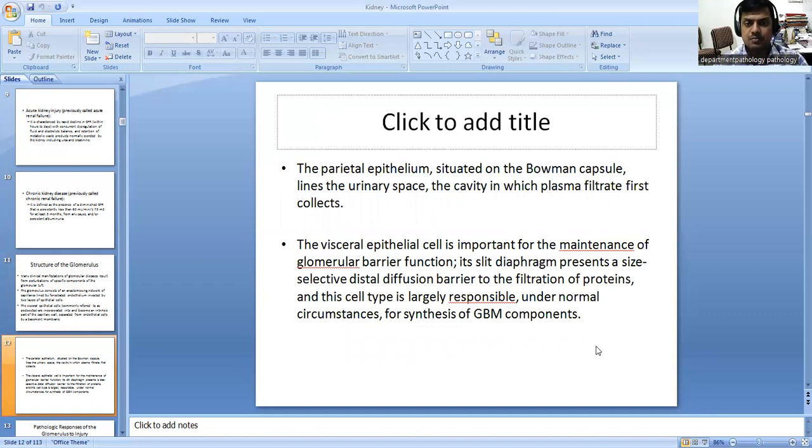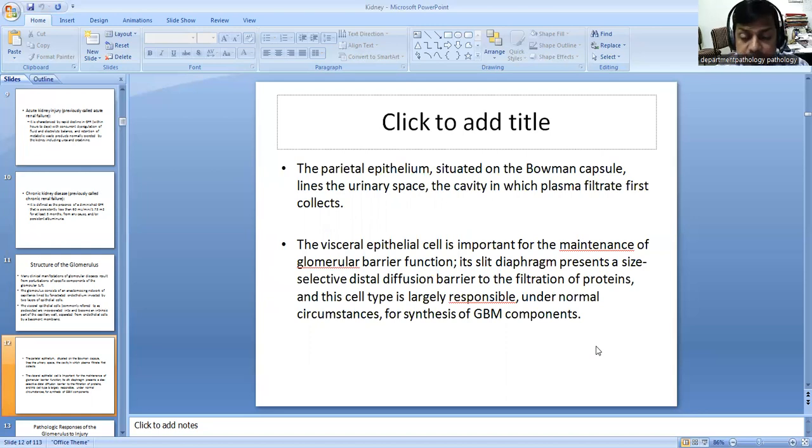The parietal epithelium, second part, situated on the Bowman capsule, lines the urinary space, the cavity in which plasma filtrate first collects. The visceral epithelial cell is important for the maintenance of glomerular barrier function.